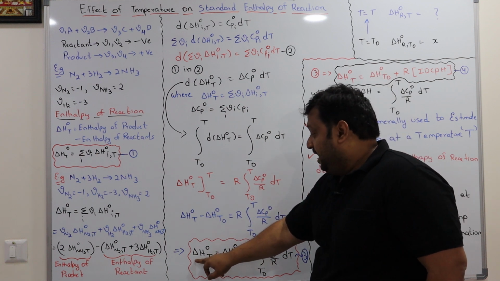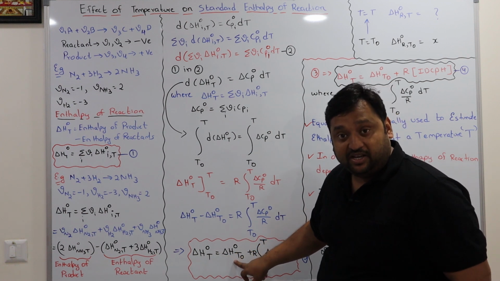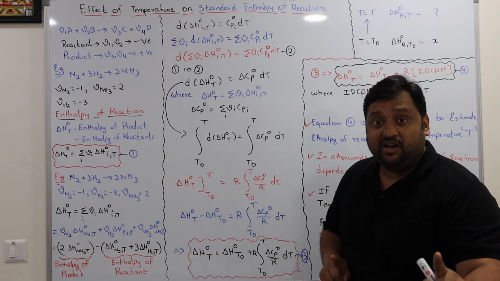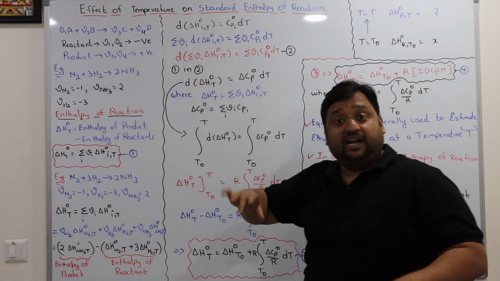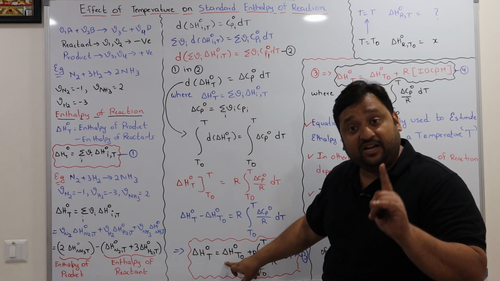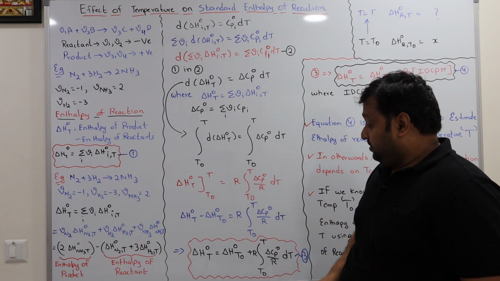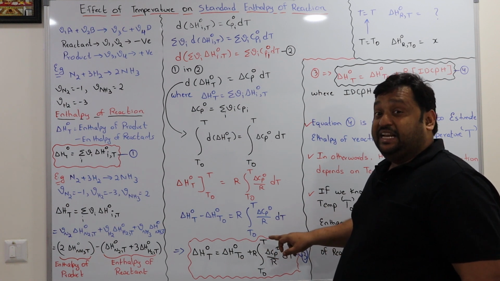Now you get enthalpy at any temperature equal to enthalpy at a known temperature plus this integration term. Now you have one expression to find the enthalpy of reaction at any temperature: the enthalpy of reaction at a known temperature plus this integration term. This integral term is known as IDCPH.